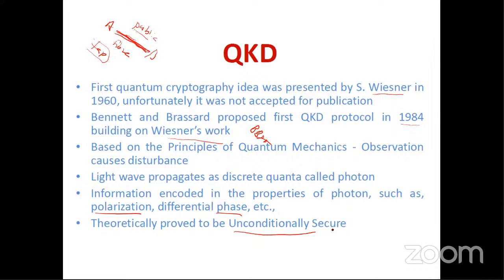So what we are seeing is that factorization was hard, but it was hard for a classical computer if you don't have an efficient algorithm. So the scenario was that the adversary cannot factor a large number. So the assumption was a mathematically hard problem. But QKD is based on quantum mechanics laws.